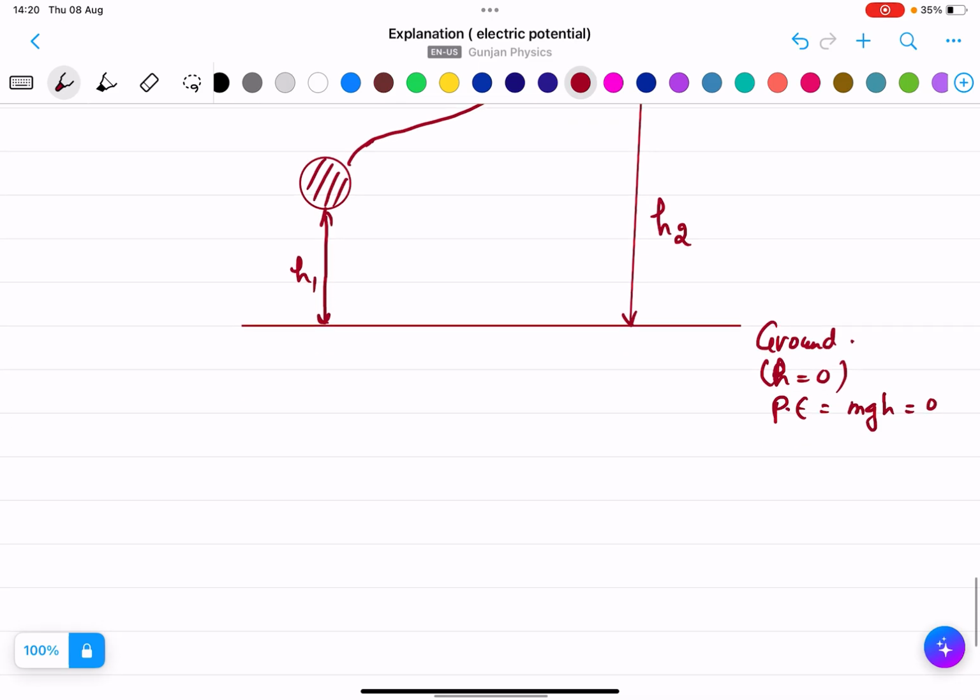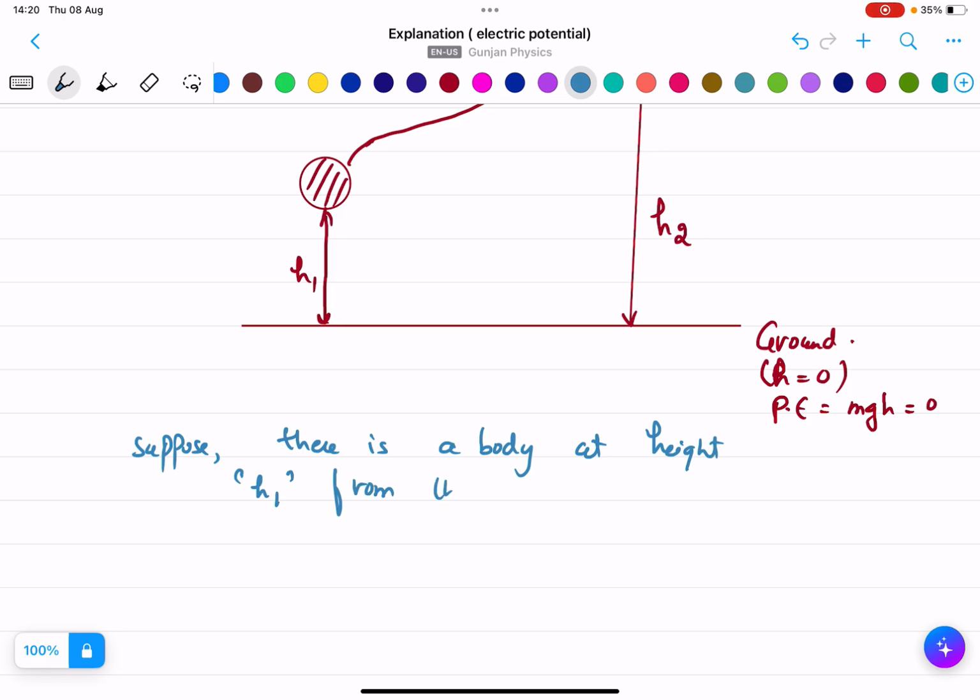Okay, so I am writing this another example. Suppose there is a body at height h1 from the ground, has some potential energy stored in it.